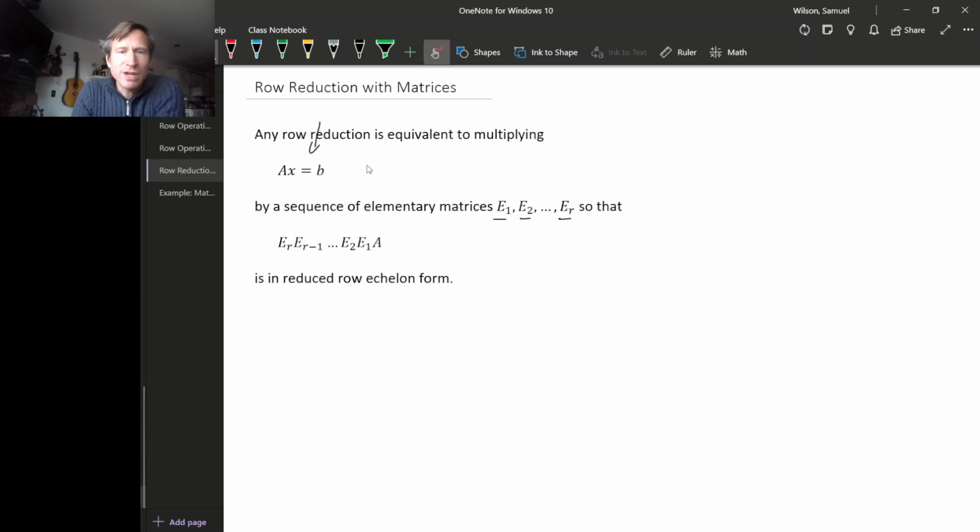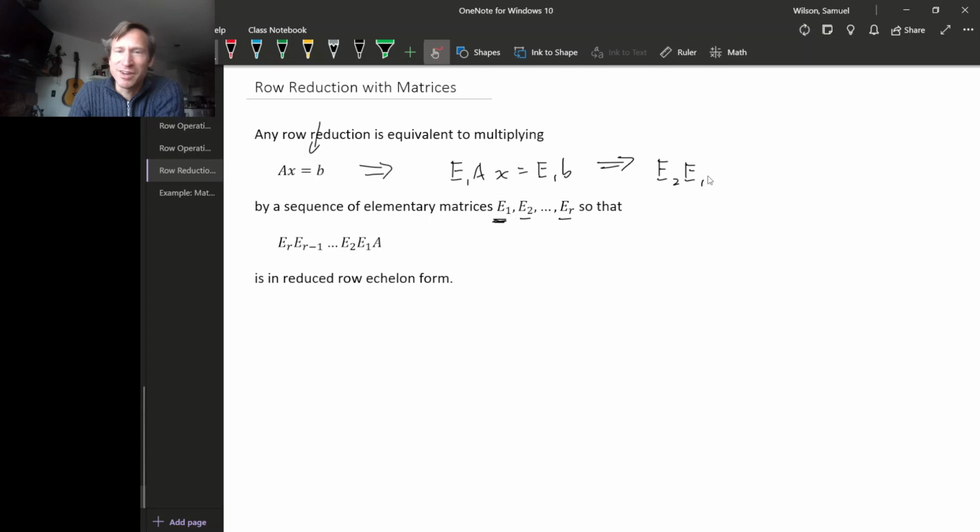So what we can do is take this equation, multiply both sides on the left by the first elementary matrix, whatever that is: E1 A x equals E1 b. Then do the second row operation by multiplying on the left by the second elementary matrix.